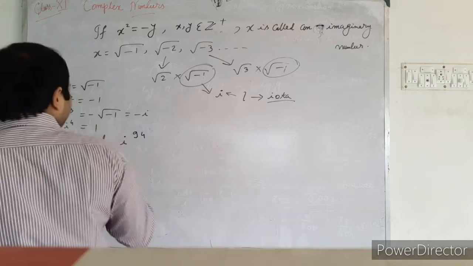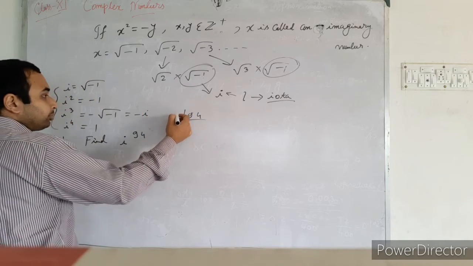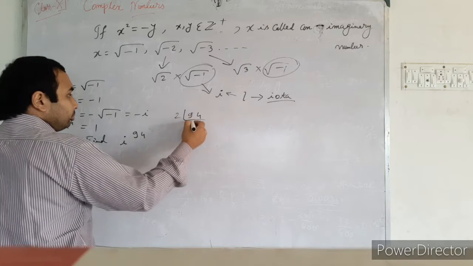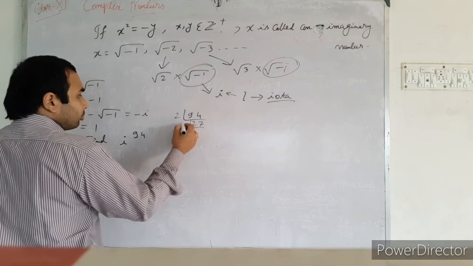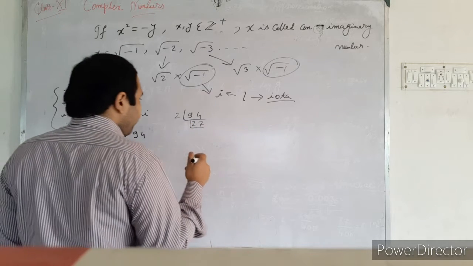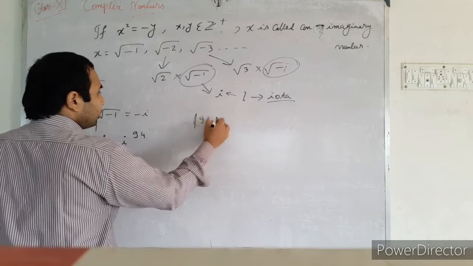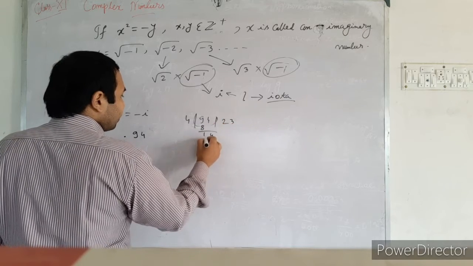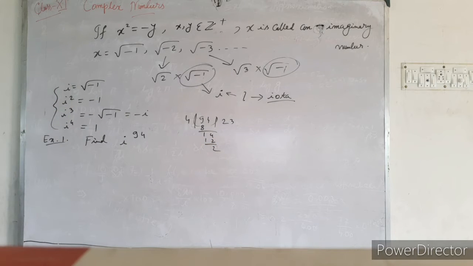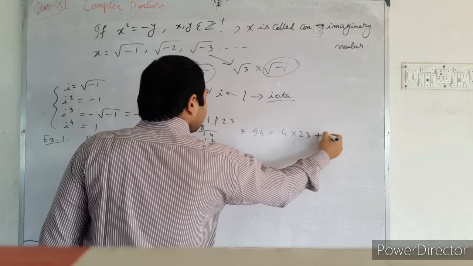So 94 can be written as 4 into 23 plus 2.